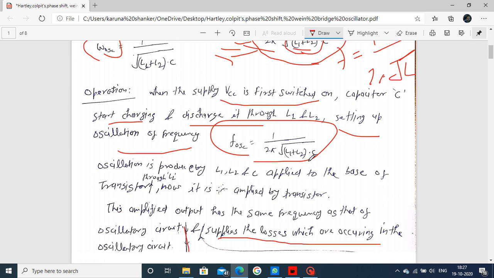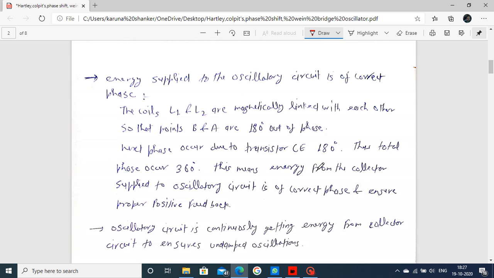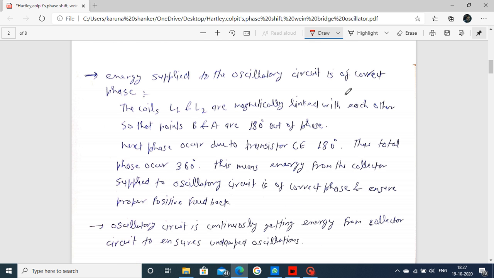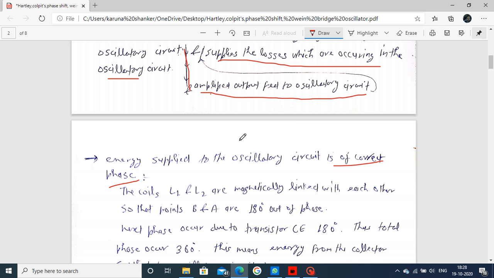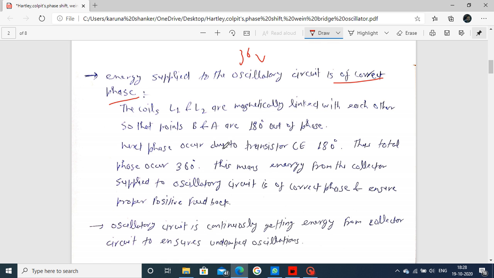This is your Hartley oscillator. Also observe this with respect to the phase shift. For sustained oscillation, the correct phase must be applied to your oscillatory circuit, meaning there is a 0 or 360 degree phase shift from input to output and from output through feedback to input, so the same phase comes out. This is the reason for positive feedback.